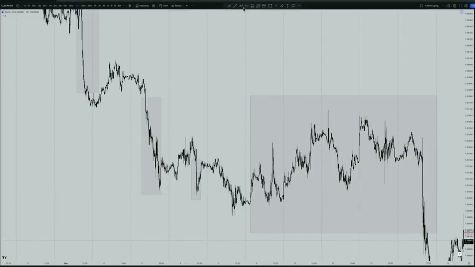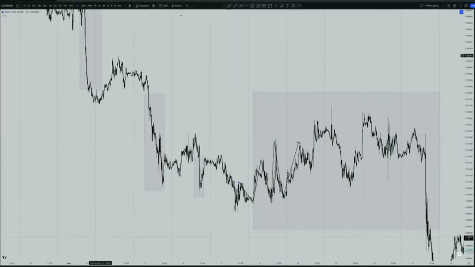Looking at this chart right here, you can actually see that we have a high, a low, a high, a low, a high, a low, a high. This didn't break this structure, so we have a high to a low. Then this failed.